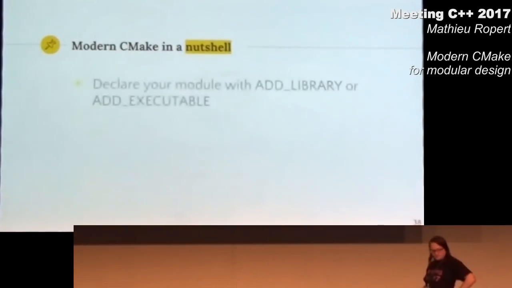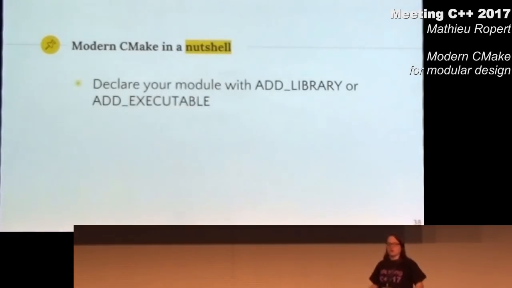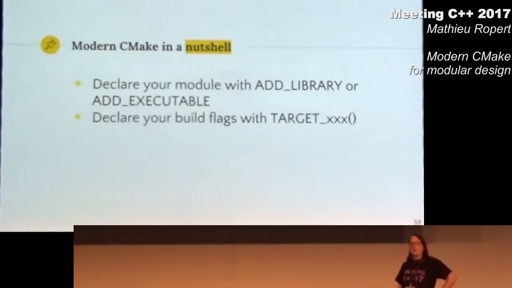The idea is simple. You still declare your module with add_library or add_executable. That doesn't change from the past. It's still always the same way. But anytime you need to declare something like a flag, you use target_something.